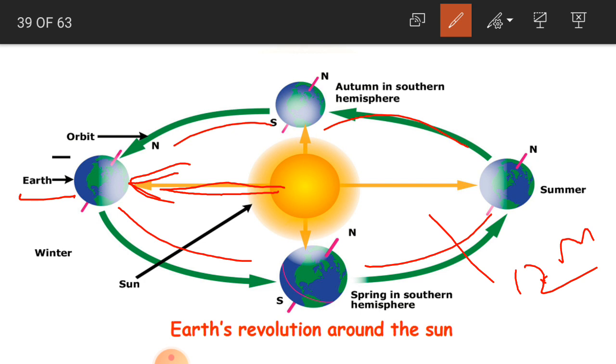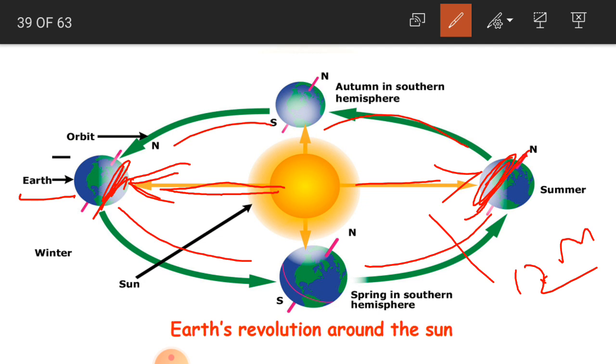Here, this side countries will be having summer, again this side countries will be having summer. Again here, the opposite: after 6 months the climate is going to change.